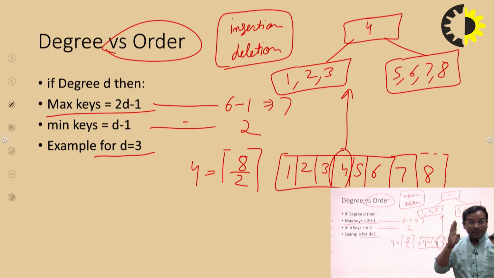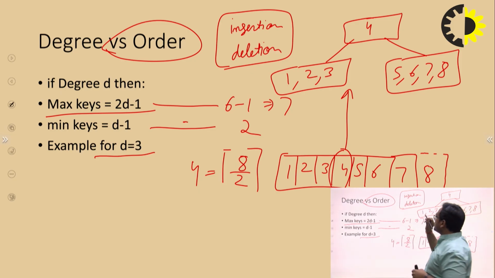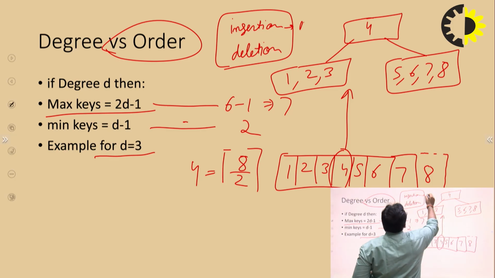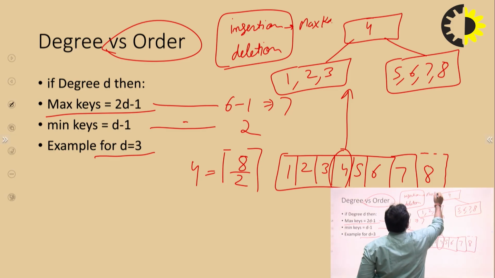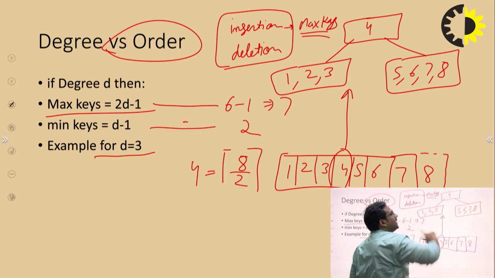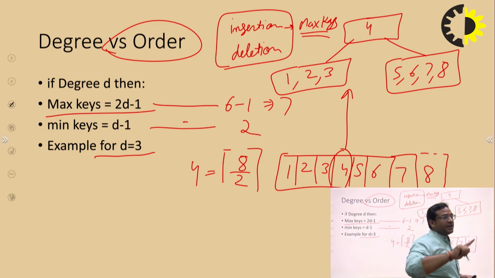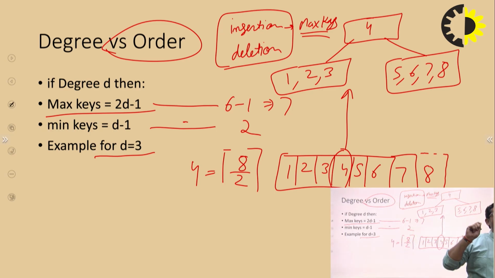So you have to remember that condition. Whenever you are doing an insertion, you have to focus on max keys. Any node in a B tree never has more than the maximum number of keys. Got my point?